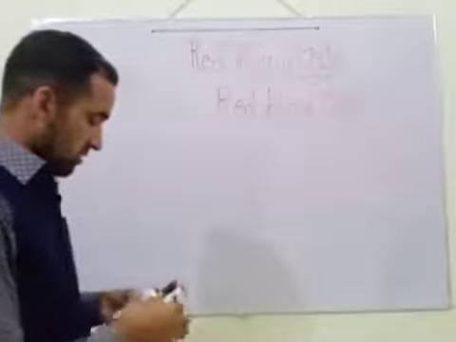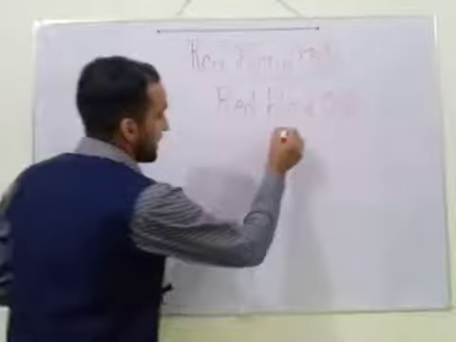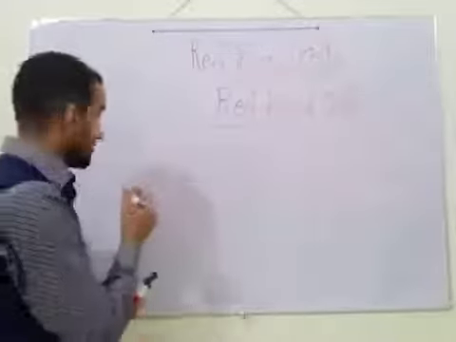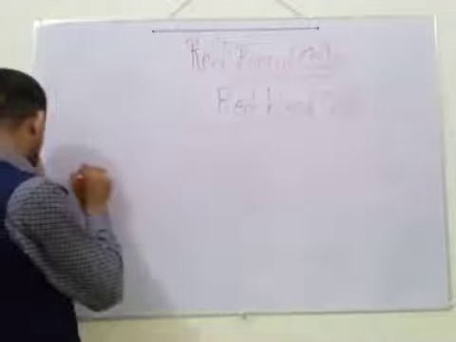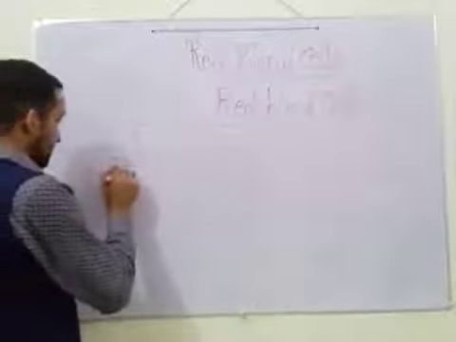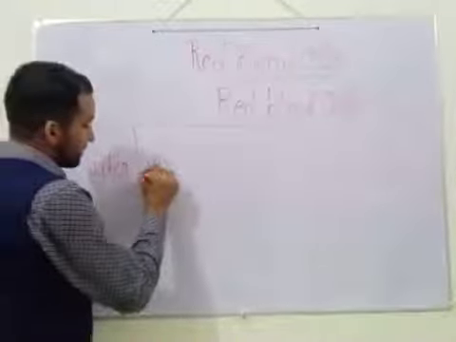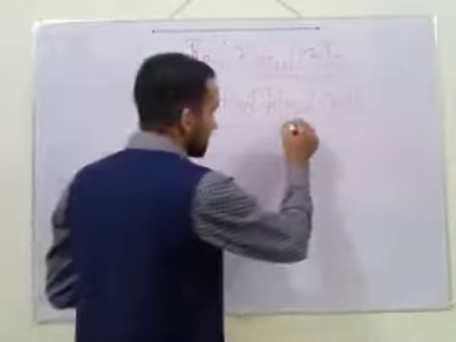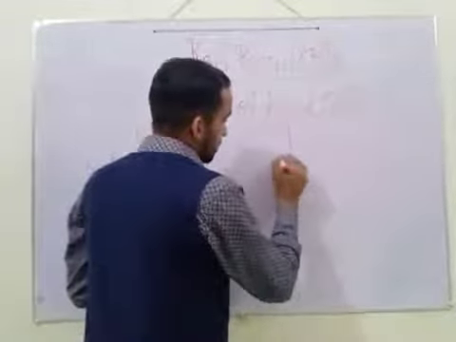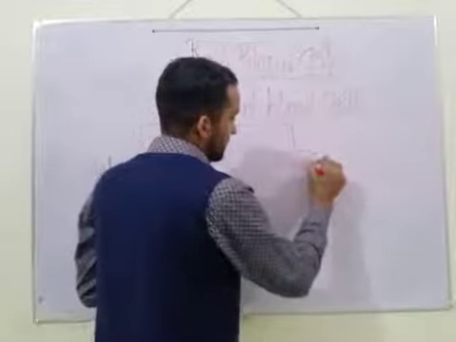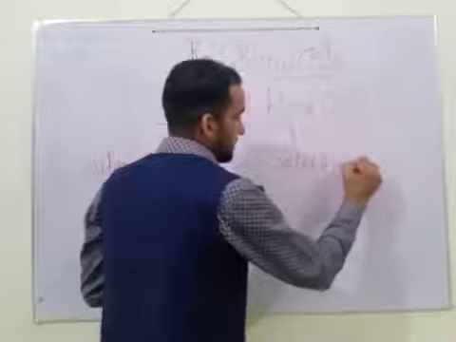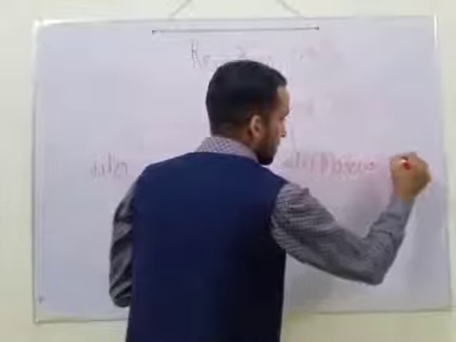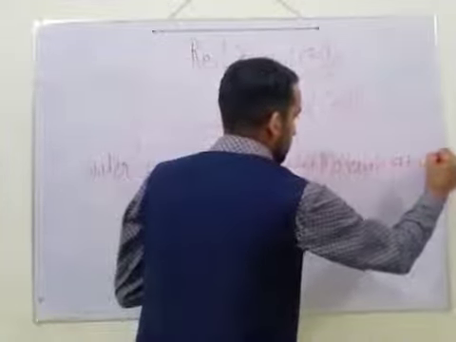So I am showing in a diagram, a chart of the composition of red blood cell. Water is about 60 to 63%, and solid materials are about 37 to 40%.